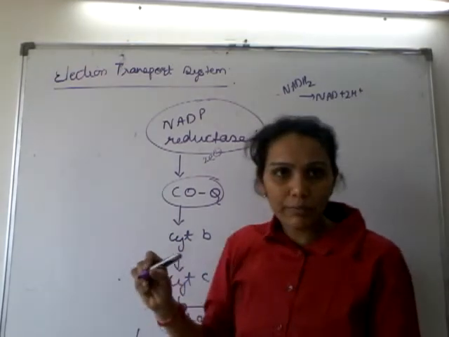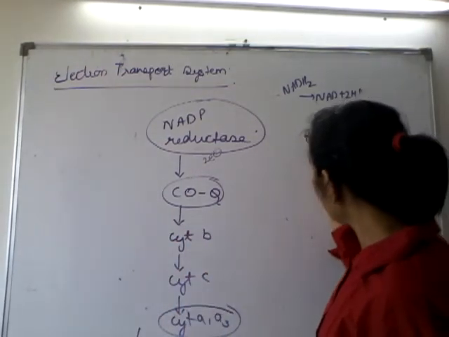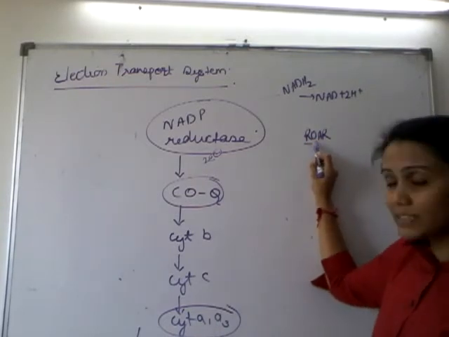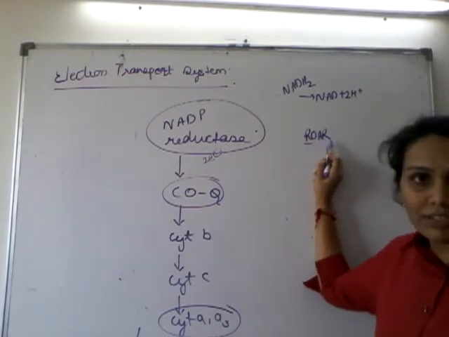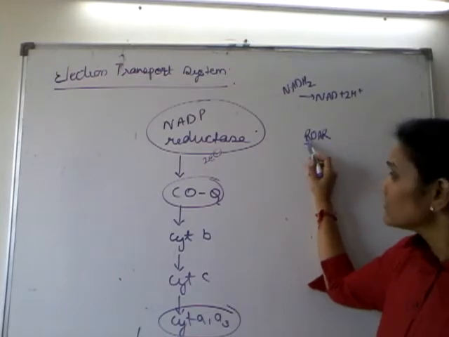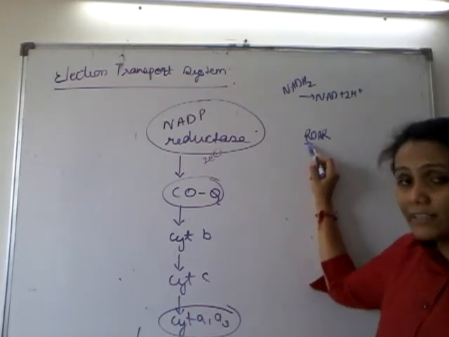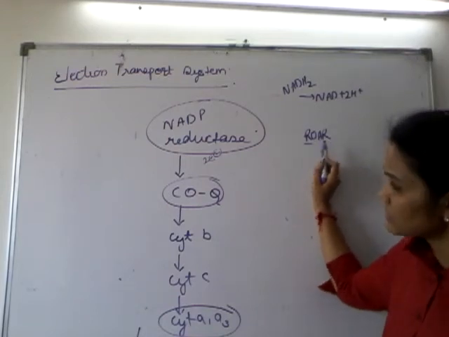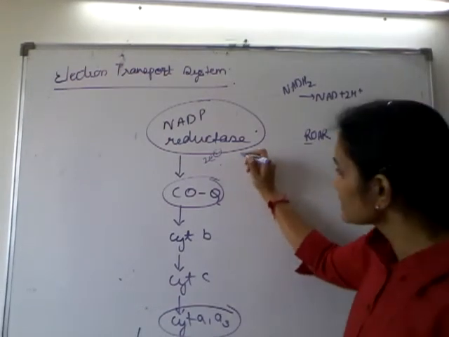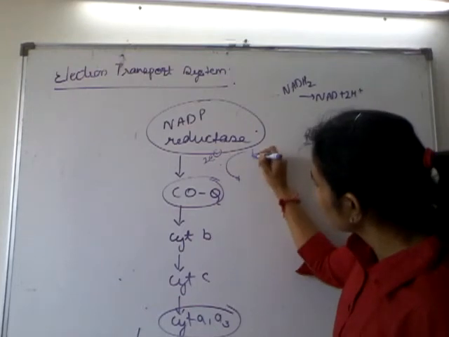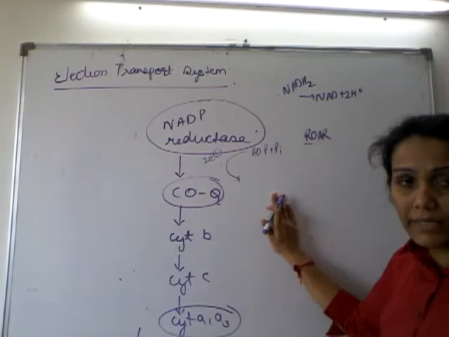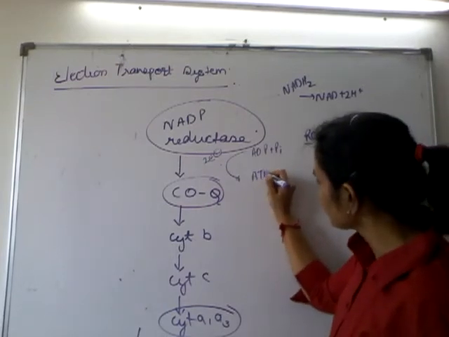An easy way to remember is ROAR: removal of electron is oxidation, and addition of electron is reduction. When the 2 electrons pass here, it is accepted by 1 ADP to form ATP.